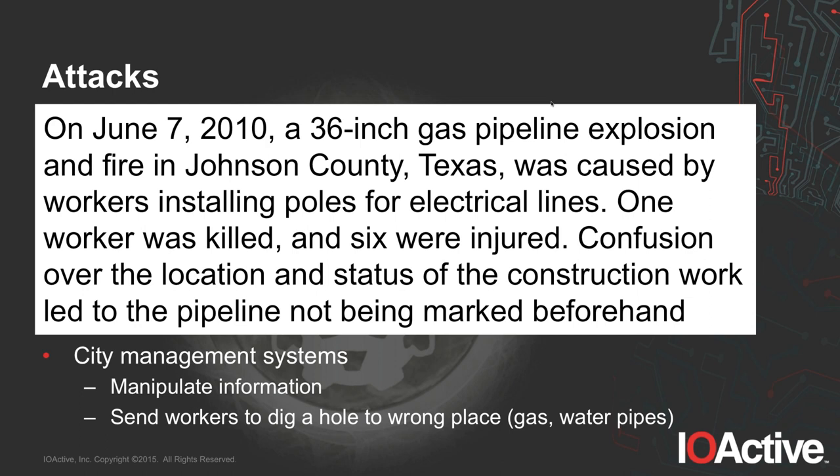This caused a really big explosion that sadly killed one worker and six of them were injured. So you can see this was by mistake, but imagine if you can cause that mistake on purpose, as an attacker, by manipulating information.